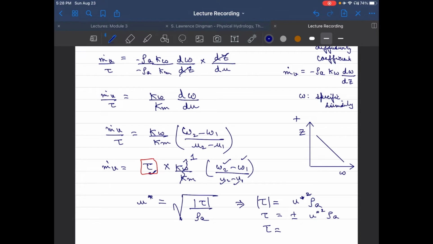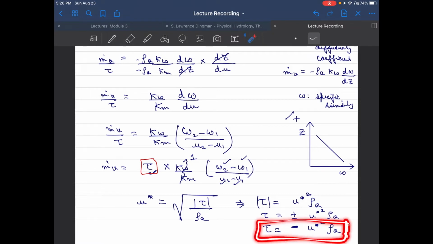So I can safely say that since this quantity is always negative, if I am taking z as positive in upward direction, I should retain the negative sign and say that my tau is equal to minus u star square rho a. And if you recall, we also discussed this result in our module 2, so you can quickly go back and revise what this tau means in this notation of rho a and u star.